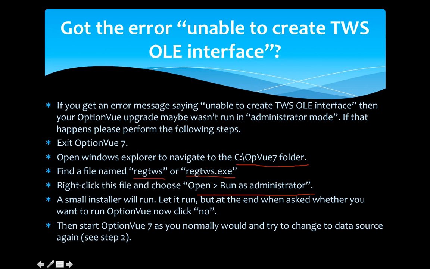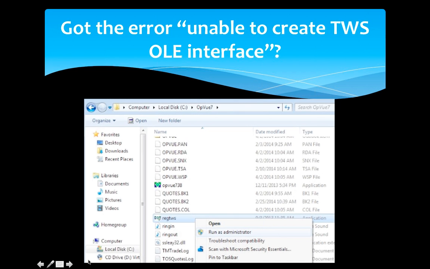And once it's completed, you say no, don't open OptionVue, and start again to the point when you normally upload data. So from the beginning, basically. You can simply do that. And there is also a picture of how to do it. You can see this is computer C drive, and you go to the folder OptionVue 7, and then you see rectws.